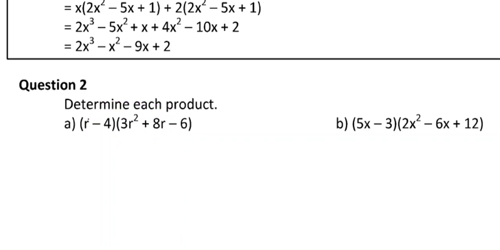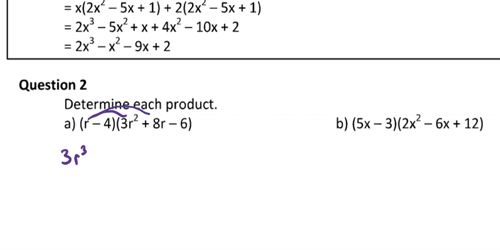Okay, so we'll do the r times the 3r squared. Okay, so it's going to be 3 because there's nothing out front there. So it's going to be 3, and then r times r squared is r to the 3. Okay, and then move on to the next one.